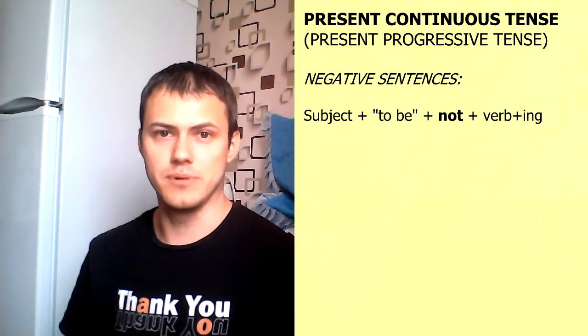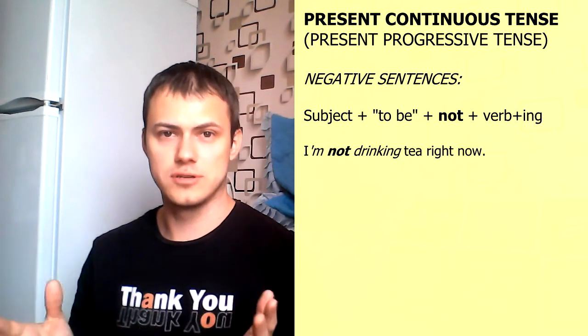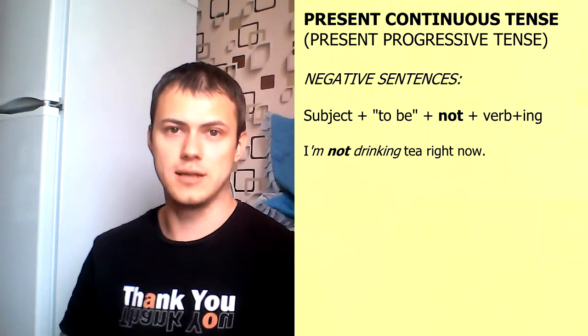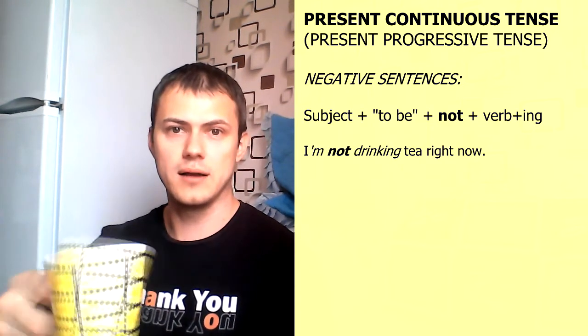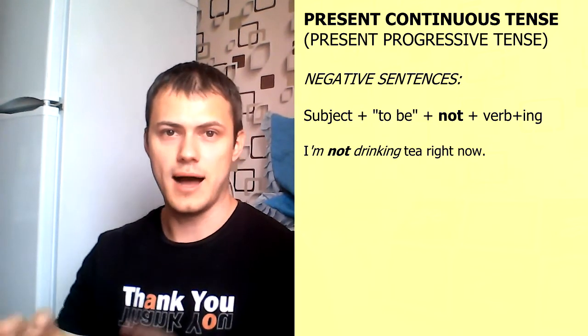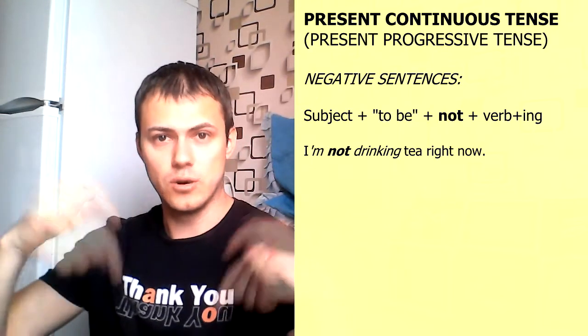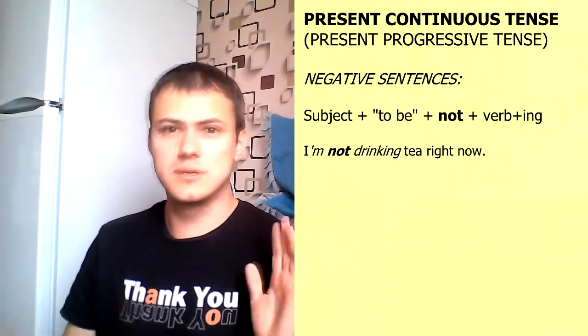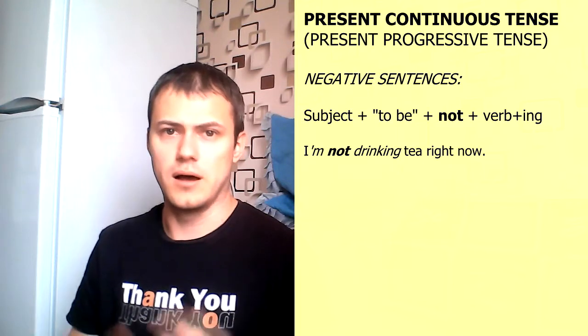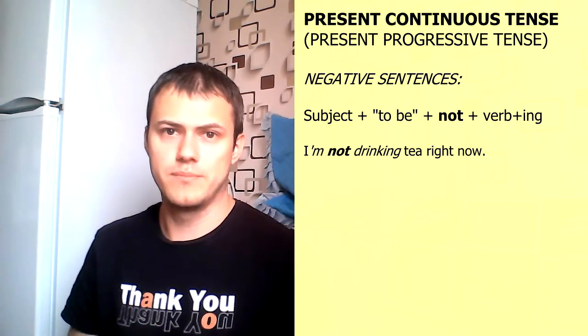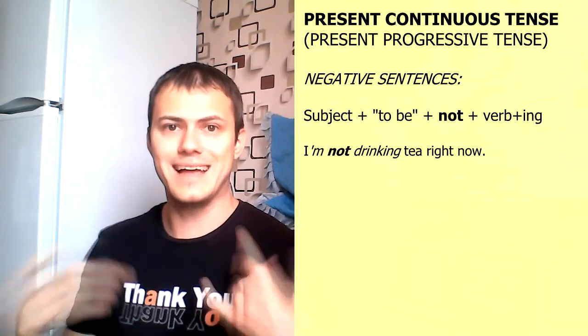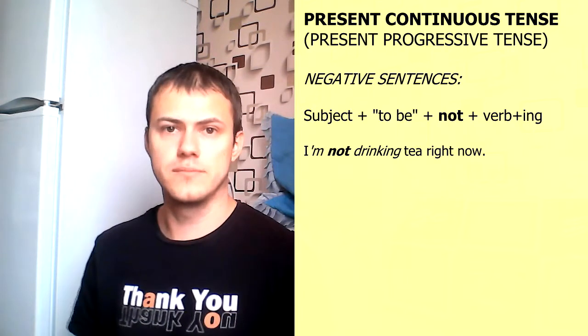For example, I'm not drinking tea right now. My mug is on the table. I'm not drinking tea right now. I drink tea maybe a few times per day, but right now I am not drinking my tea.